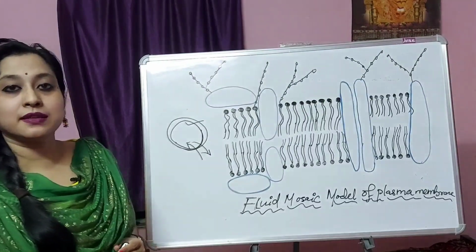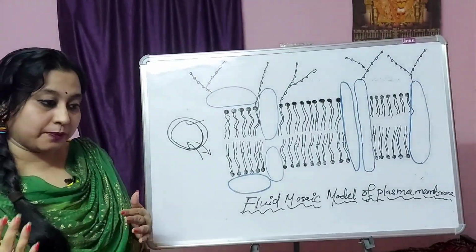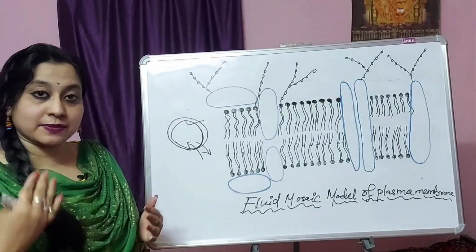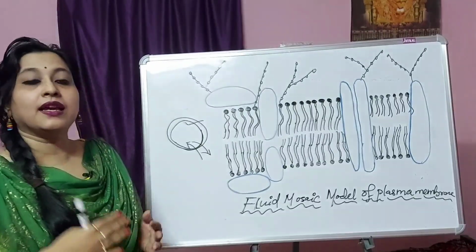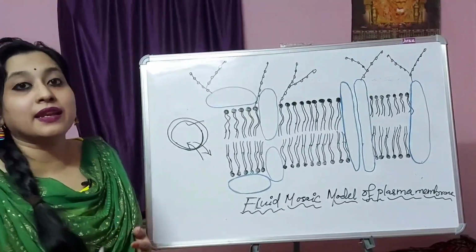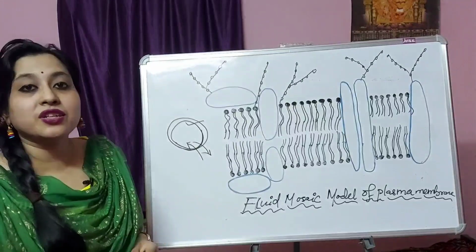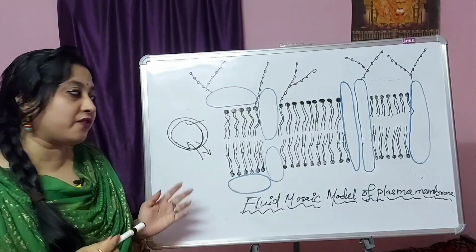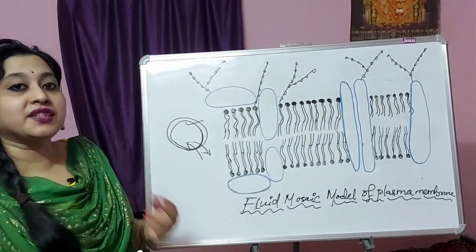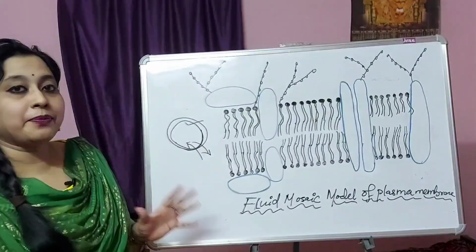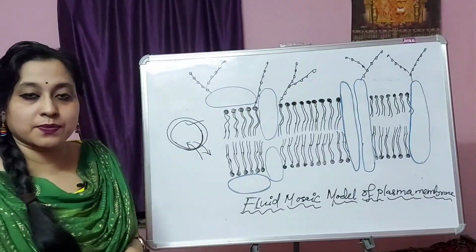Active transport means that when the substance enters the cell, it requires energy. There is expenditure of energy. If the cell membrane uses ATP, that type of transportation is called active transport.